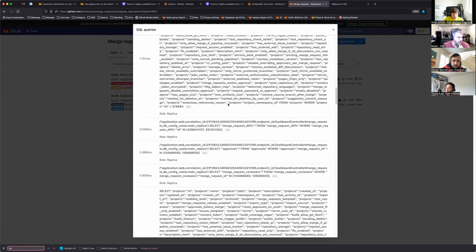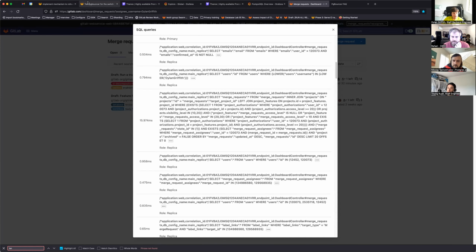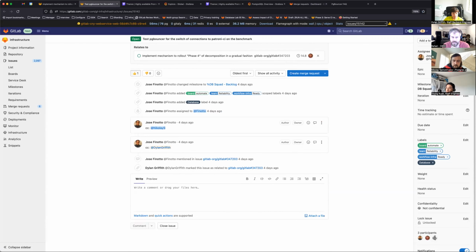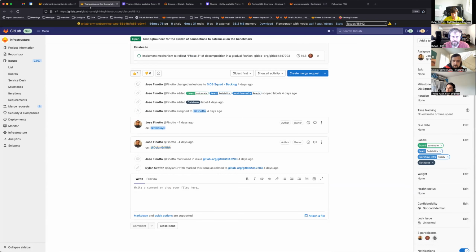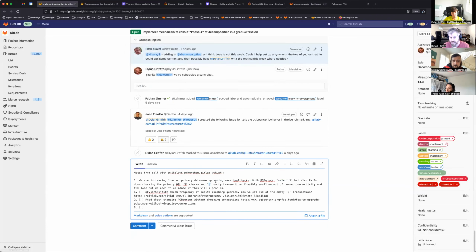I don't know how Finoto was planning to implement this test in the benchmark, if it was going to use some benchmarking tool or something like that. We may have to put these health checks into the test in the benchmark for it to make sense, because I think that this is something that can impact the life of a database connection on the bouncer, because the bouncer does its own health check, right?